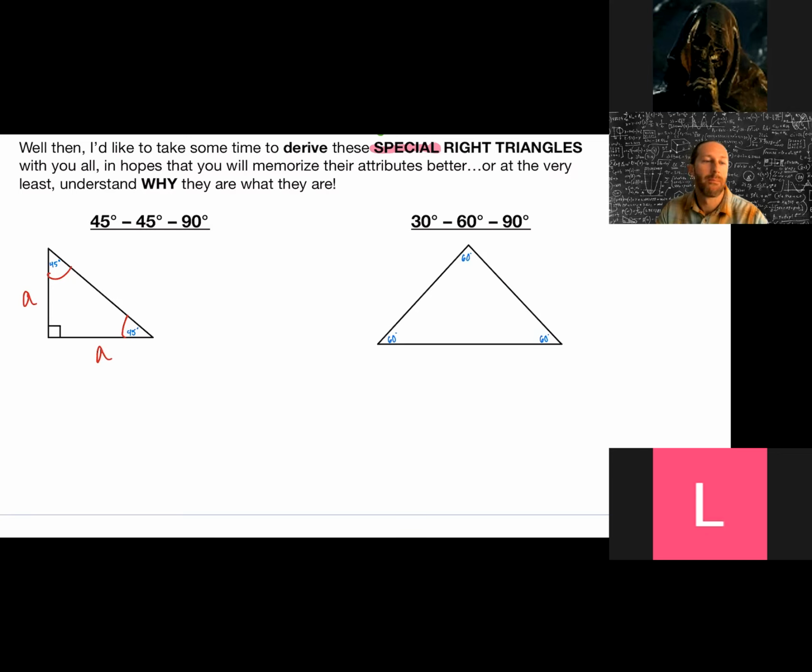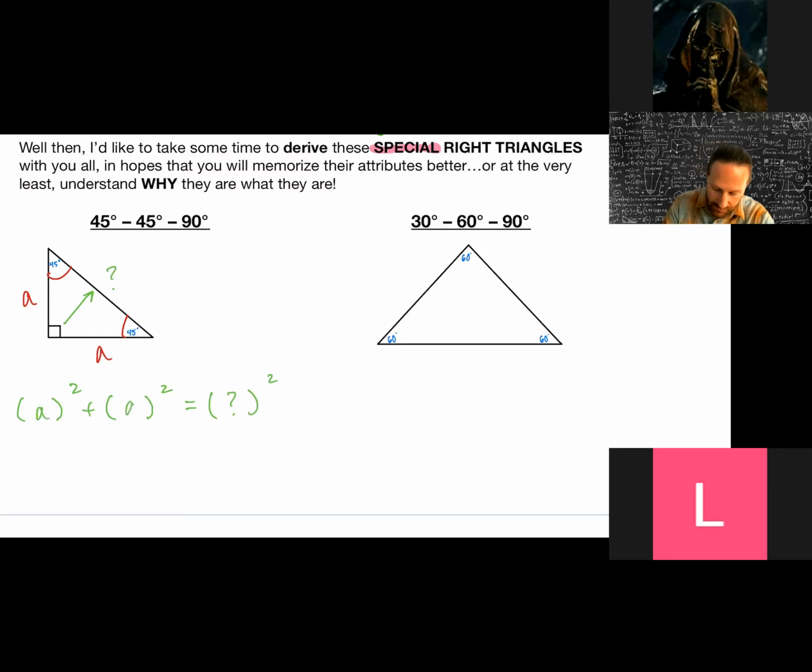Very good. The Pythagorean Theorem, which, what did I tell you? Of the 3 sides, what's the most important? Hypotenuse. Very good. So I'm going to take the 2 legs, square them, add them together, and I want to find what that third side, that hypotenuse, actually is equal to.